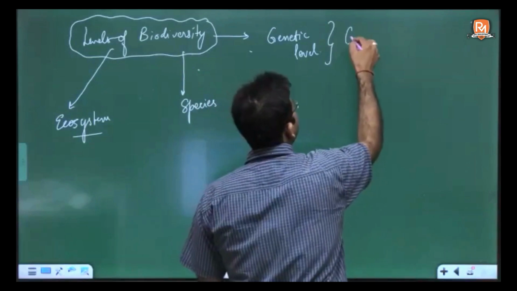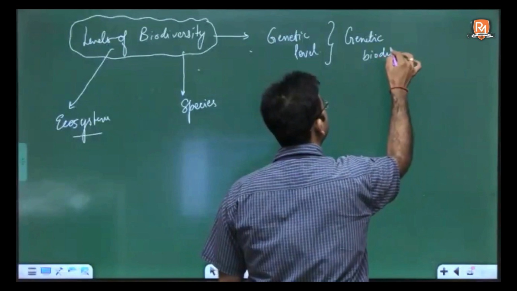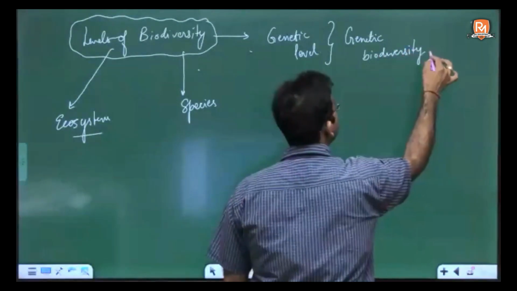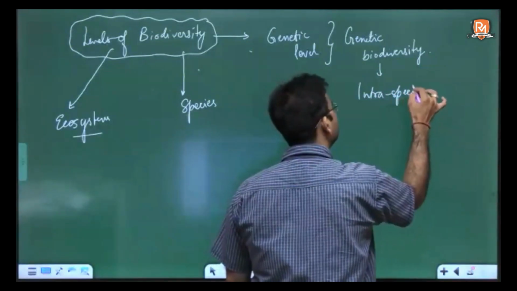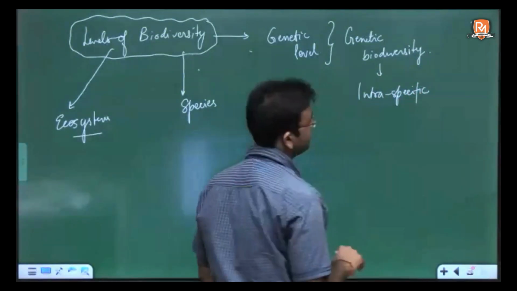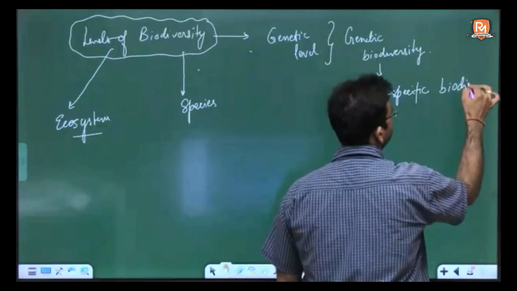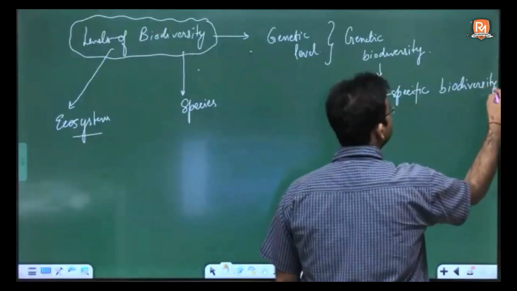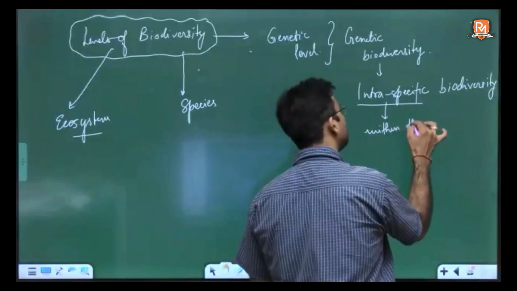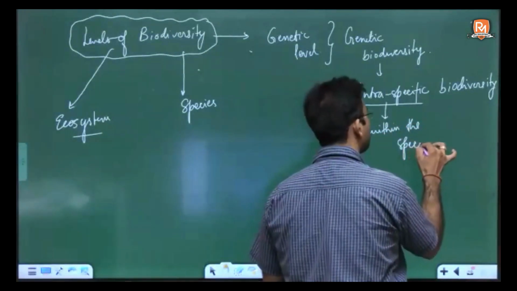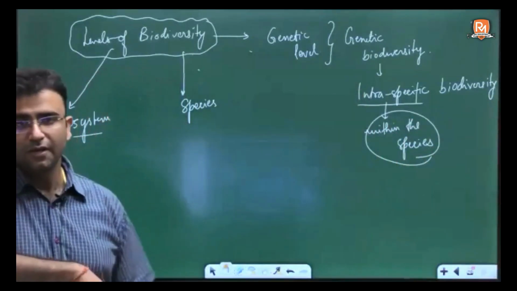Genetic biodiversity is an intraspecific biodiversity. Intraspecific means within the species.